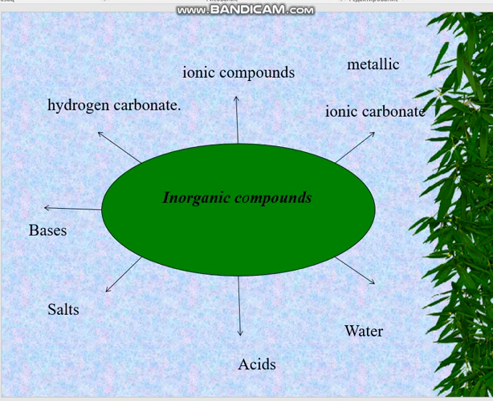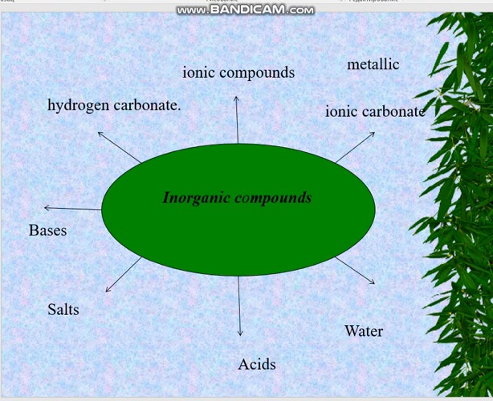In the second diagram, you can see in the middle inorganic compounds. We would say that inorganic compounds don't contain carbon, except metallic and ionic carbonate or hydrogen carbonate. Inorganic compounds always lack carbon, but they include ionic compounds.